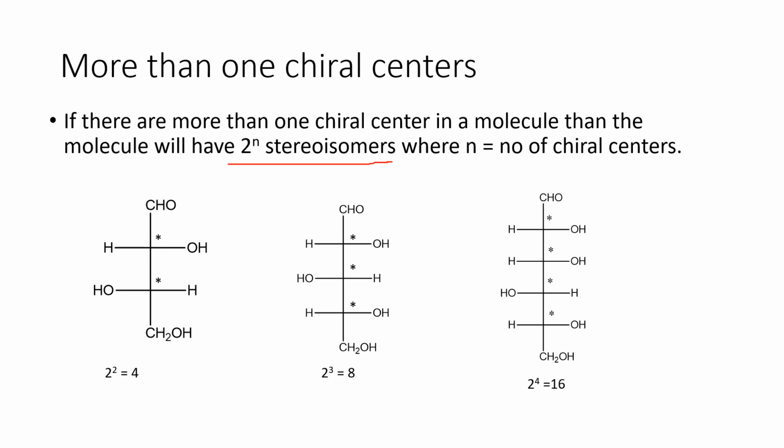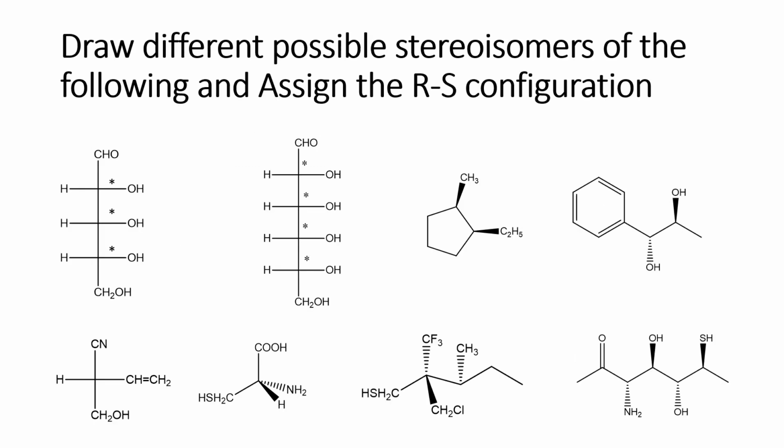So like that, we can draw the number of stereogenic centers, and you have to write each and every stereogenic center with the R and S configuration. Suppose this is the stereogenic center, you have to assign this as R or S. Like that, you have to assign all the stereogenic centers.